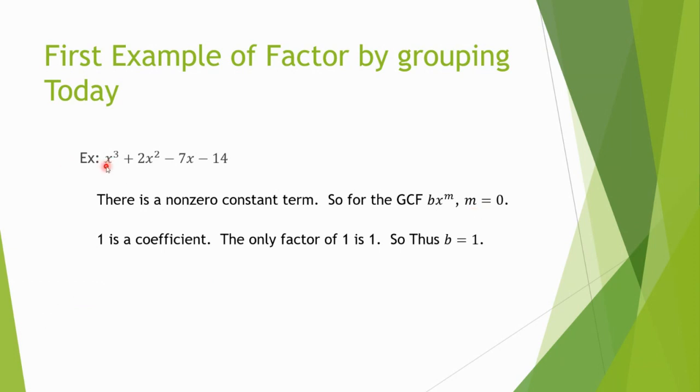That's nice because it makes it easier, because the only factor of 1 is 1 itself. So the greatest common factor among the coefficients and the non-zero constant term is 1. Altogether, the GCF for this polynomial is 1.